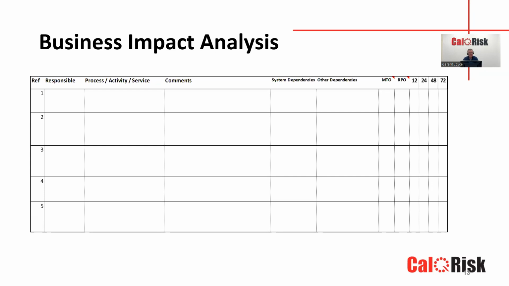And then I put in 12, 24, 48, 72 hours and put in a rating here as to how severe the impact is after 12 hours, 24, 48. Now, you can pick these. If you're an internet payments company, you're probably picking these in terms of minutes. So you might have this already. So you're already, I would say, a good way along the road in identifying the dependencies.